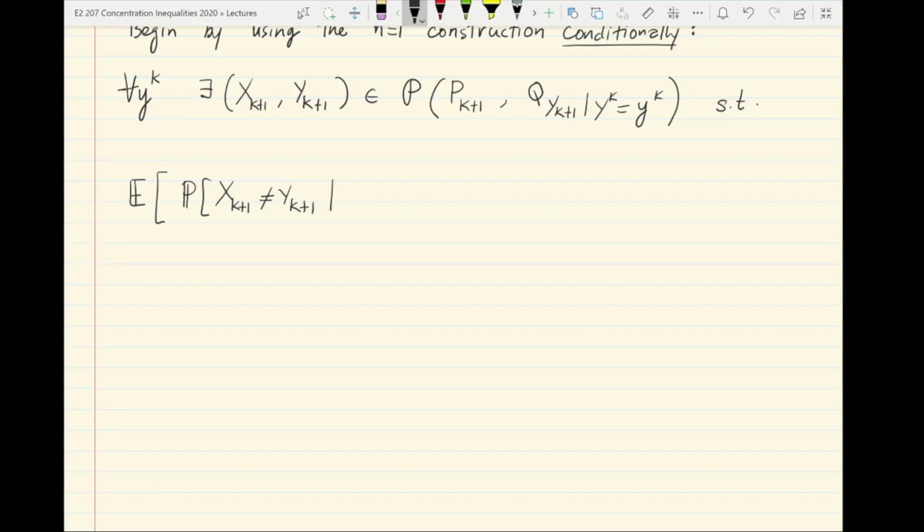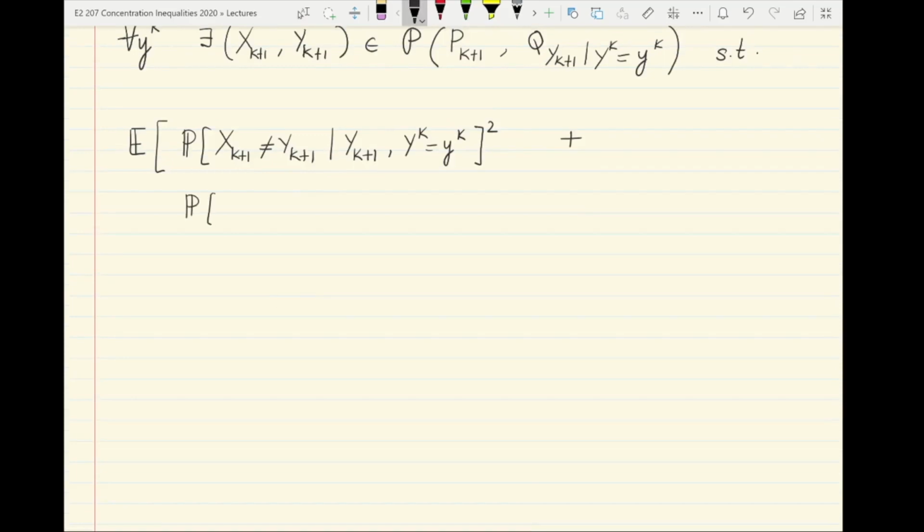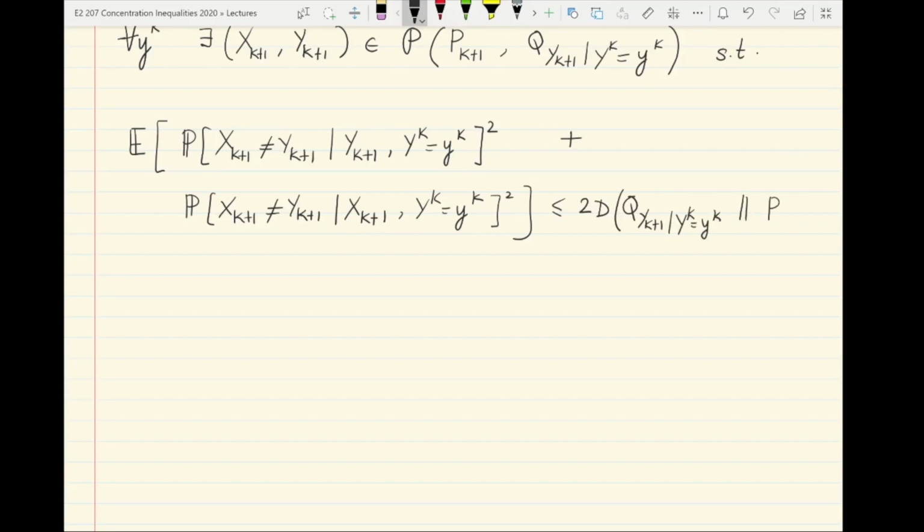So the expected value of the squared probability of discrepancy, first conditioning on one of these variables itself, followed by the background conditioning y1 through k equal to small y1 through k, plus the same thing where the conditioning is on the x variable xk plus 1, with the background conditioning yk equal to small yk, is upper bounded by twice, this is the induction hypothesis for n equal to 1, the divergence between q of yk plus 1 given yk equal to small y1 through k and pk plus 1.